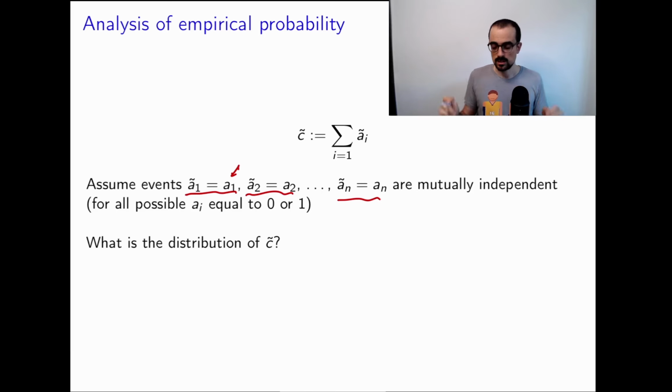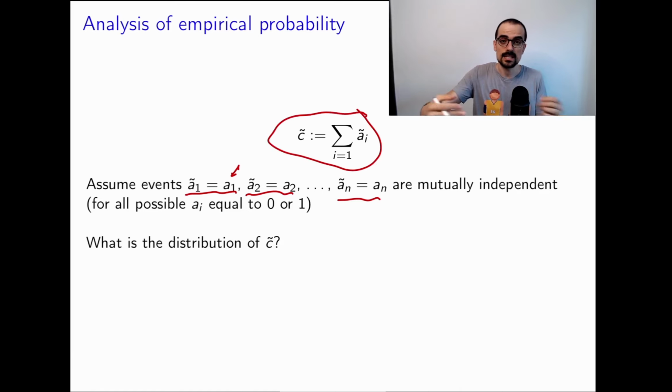Now we're interested in the count of the number of data that are in the event, because this will allow us to analyze the empirical probability estimator. So what is the distribution of the number of data points that are in the event under the assumptions that we have made?